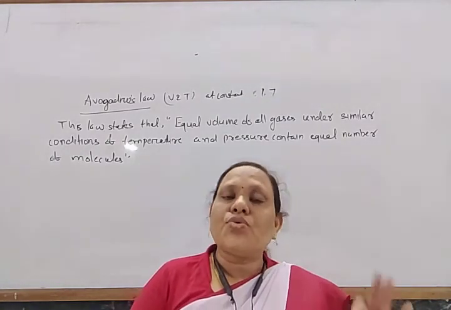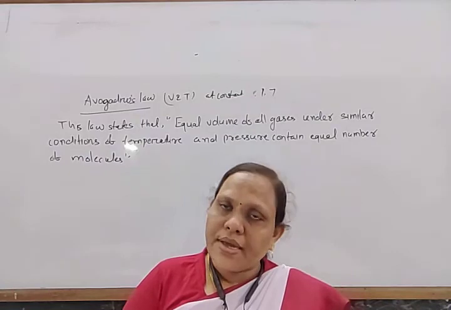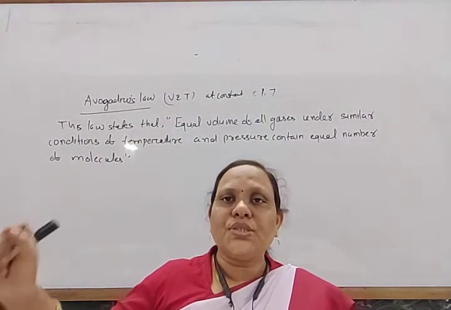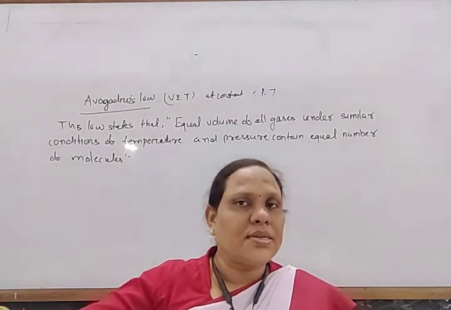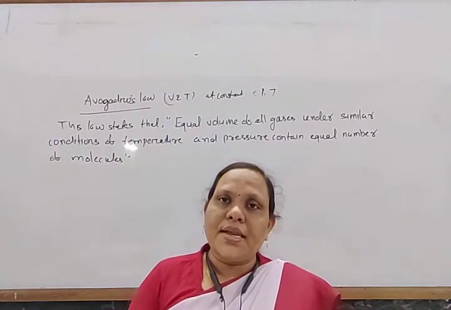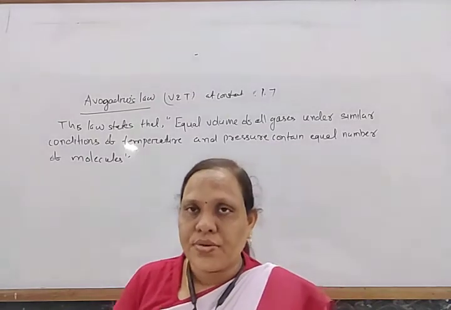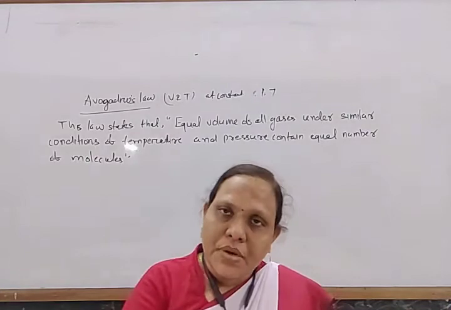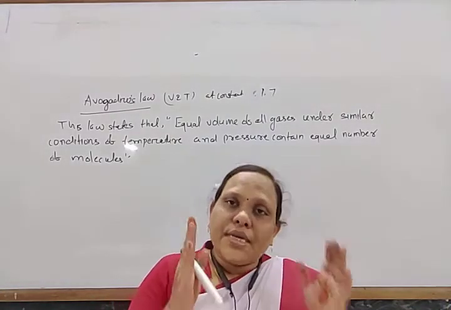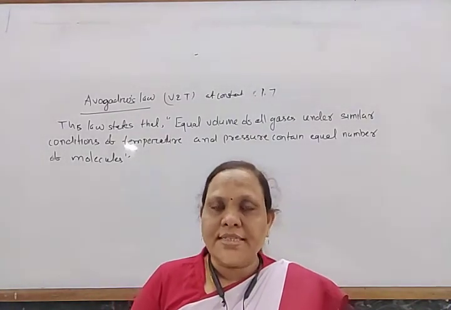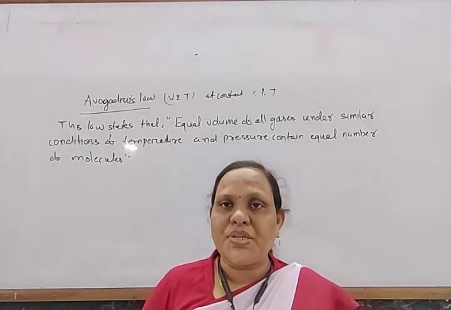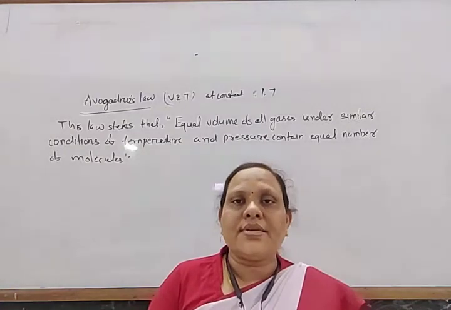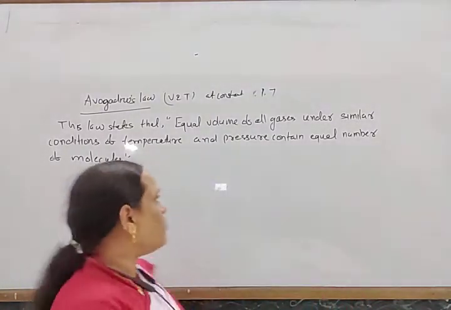That means 22.4 liter of any gas at NTP contain 6.023 10 to the power 23 molecules. Similarly, 1 liter of hydrogen, 1 liter of nitrogen, 1 liter of oxygen all contain the same number of molecules, if the temperature and pressure are constant.